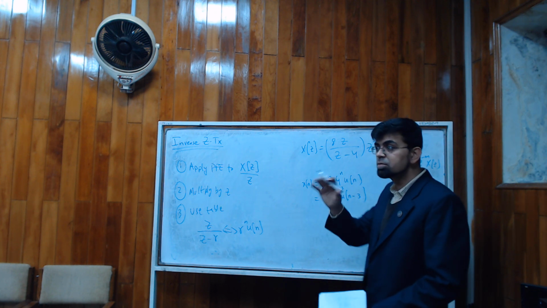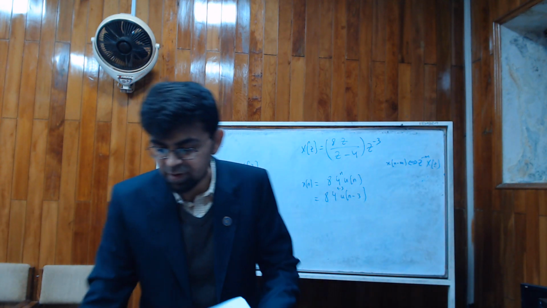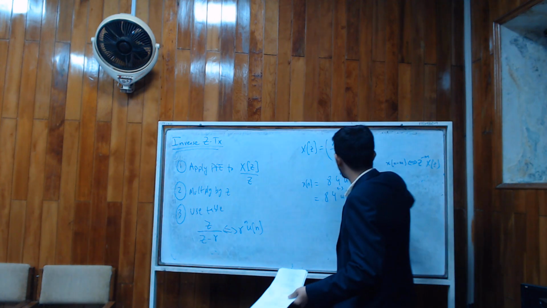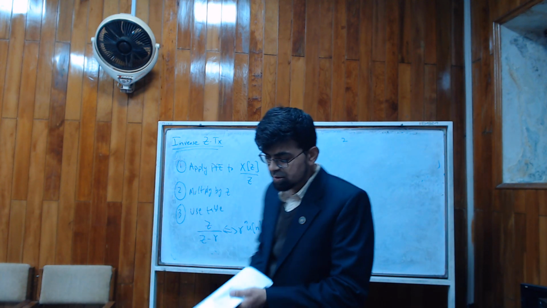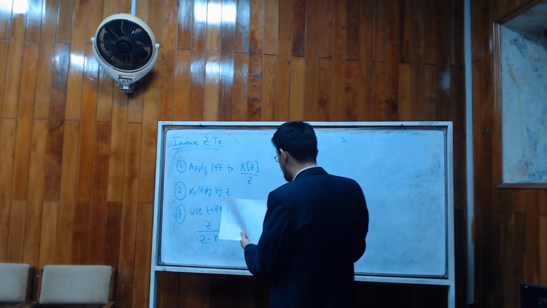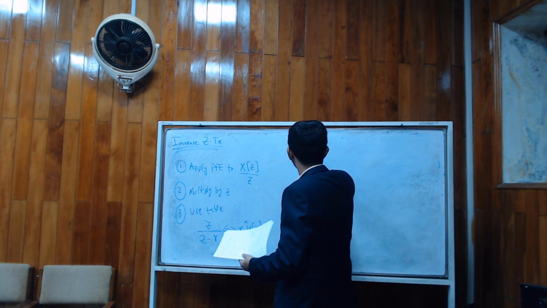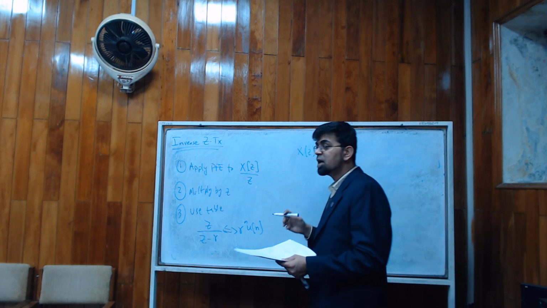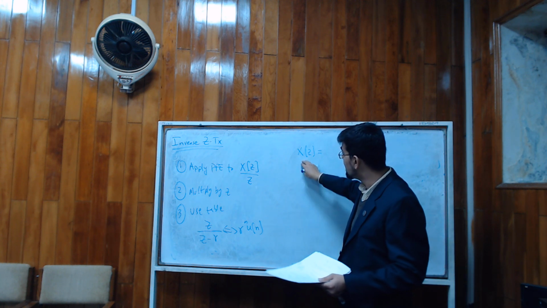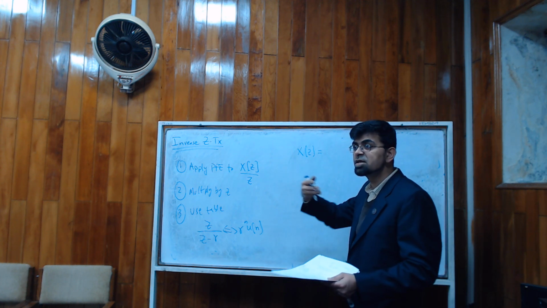Of course you can do this with the basic properties, but now let's come to partial fraction expansion, which is more general. Let's say I ask you to find the inverse Z transform. If I ask you to find the inverse Z, then I give you X(z), something in the Z domain.